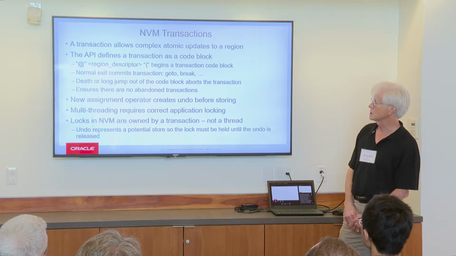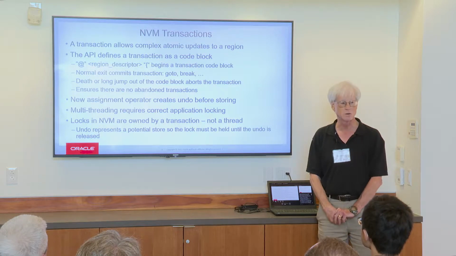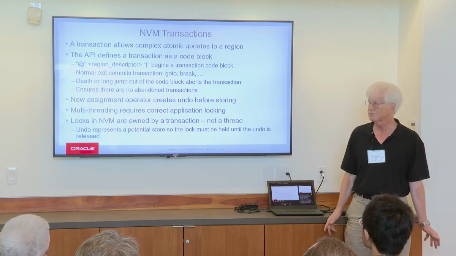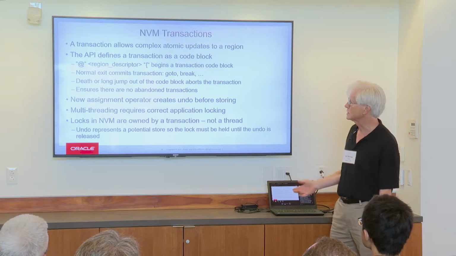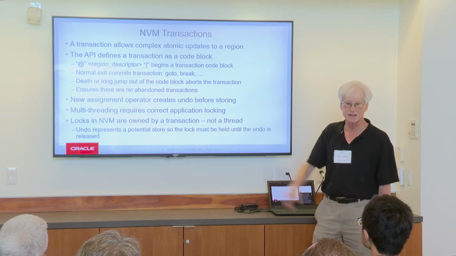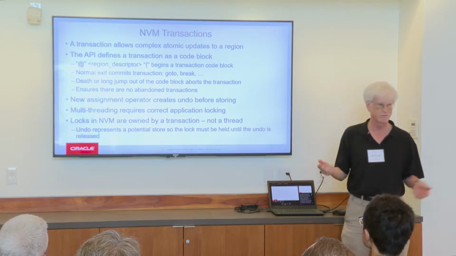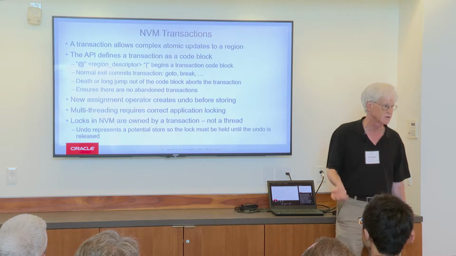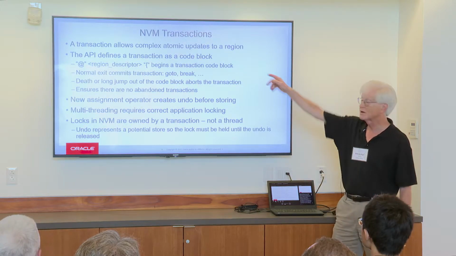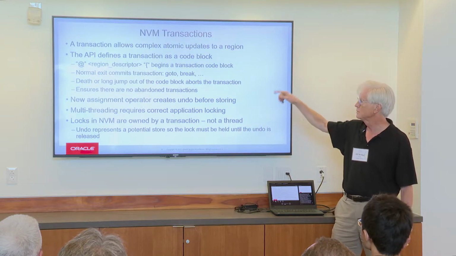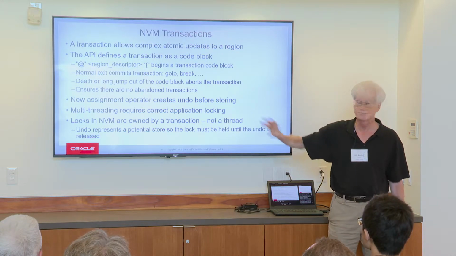Okay, NVM transactions. This is kind of critical: the ability to update arbitrary amounts of data atomically. The way you do it is you start off with an @ sign, which is the character that means transaction stuff. Then you have a region descriptor, which is like a file descriptor, a small number. And then you have a block of code following it. That block of code is a transaction.